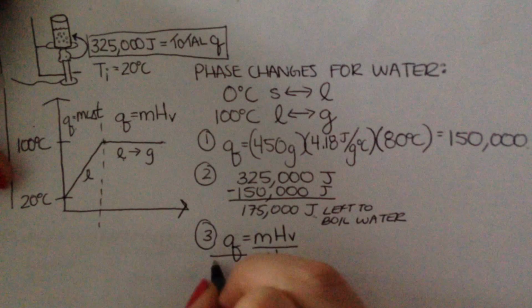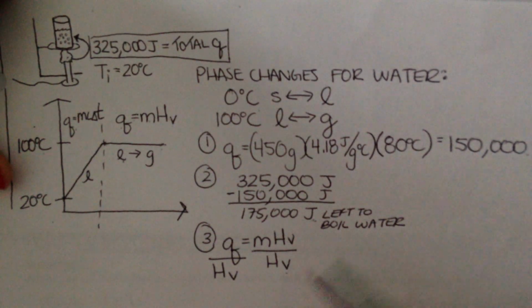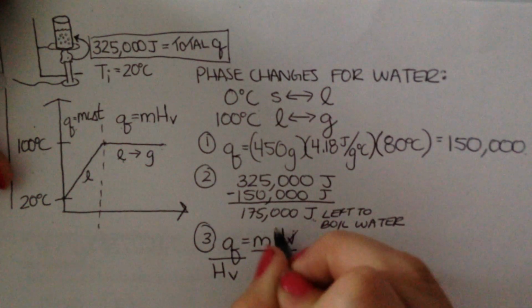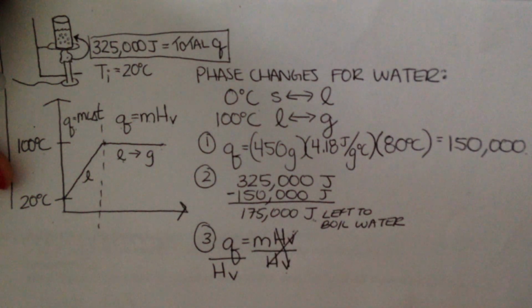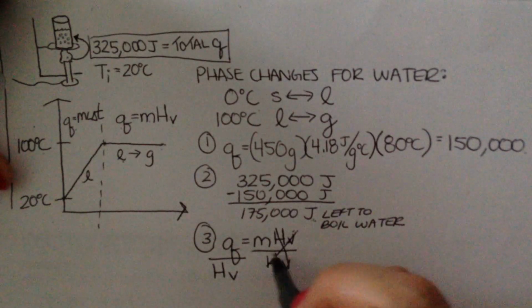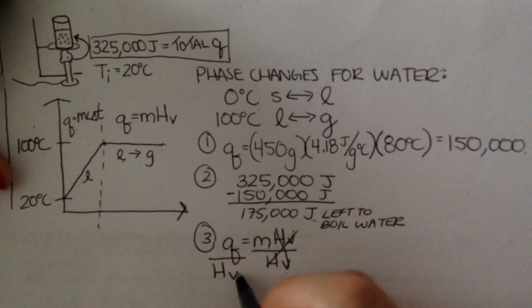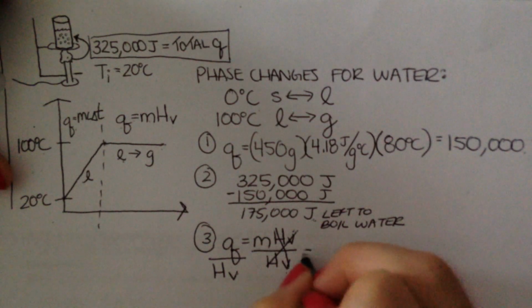And I do that because if I divide something by itself, it's going to cross out. Kind of like how 2 divided by 2 is 1, or 100 divided by 100 is 1. Heat of vaporization divided by heat of vaporization is going to be 1. So my mass is going to be equal to my energy divided by the heat of vaporization of water.